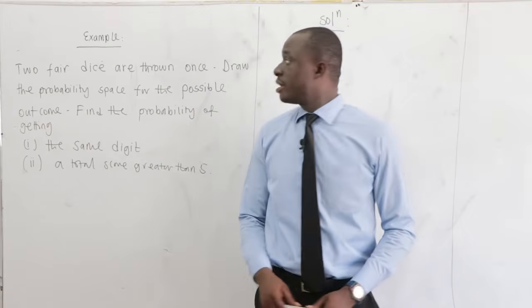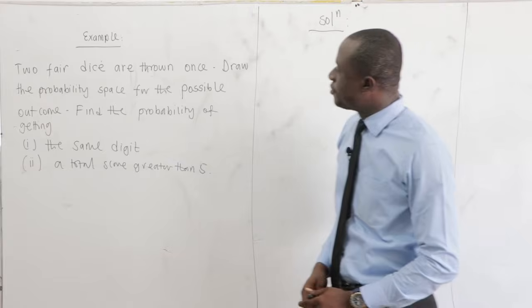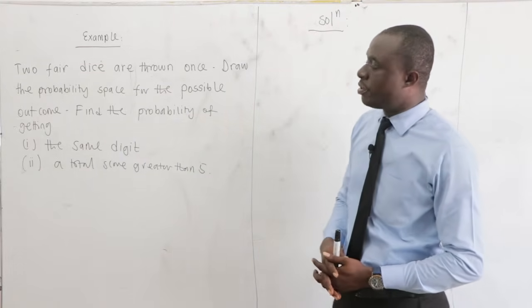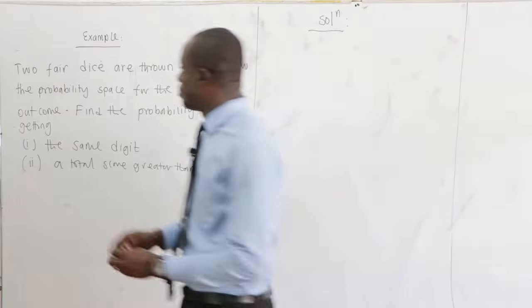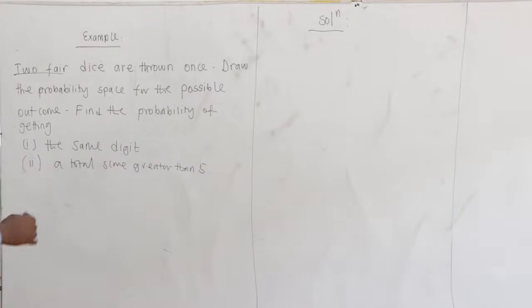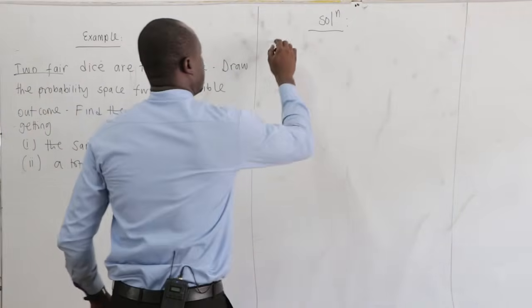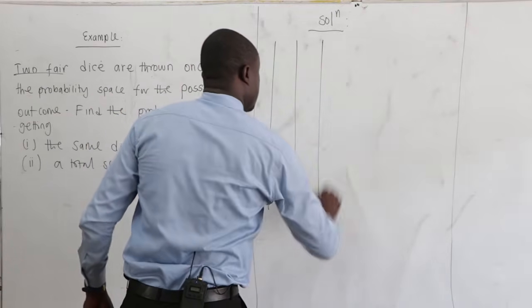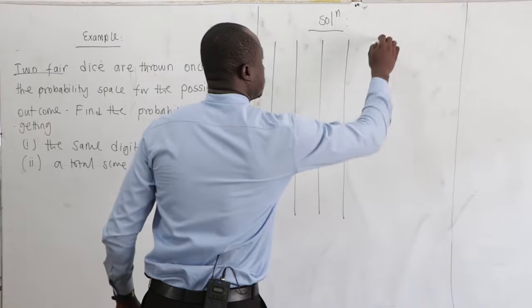Now let's consider this example. Two fair dice are thrown once. Draw the probability space for the possible outcome. So we are being told that two fair dice. Now let's see the sample space. You know that on a die we have 1 to 6.